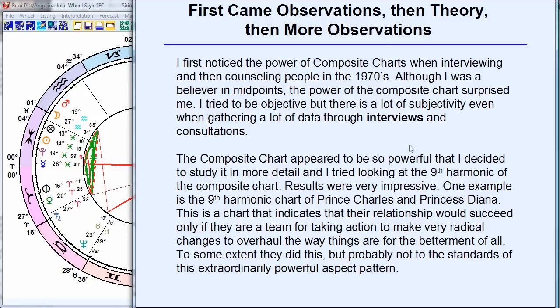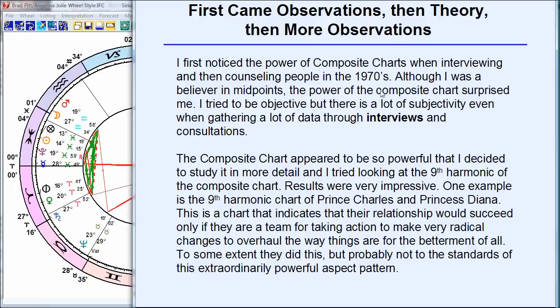Now this is really exciting to me, as I say in the title here: first I had an observation. In the 1970s, I observed that these aspects in the composite chart were extremely powerful. I couldn't believe it. I thought maybe it was just luck. I thought, this can't really be true. And I interviewed another couple, and again it works, and again it works.